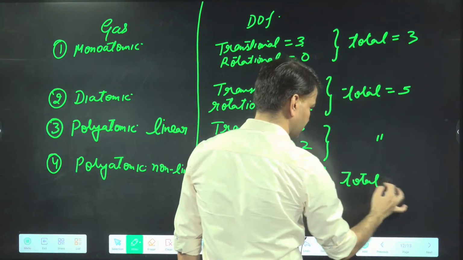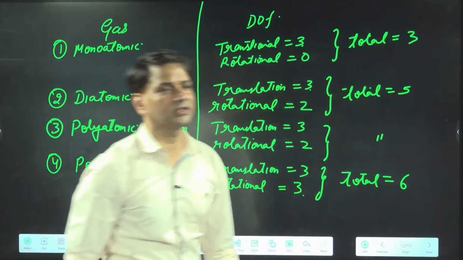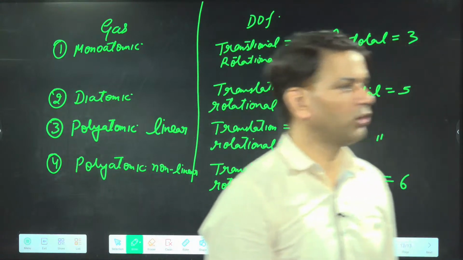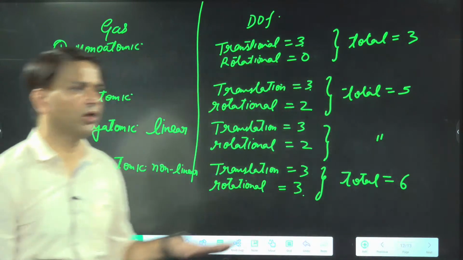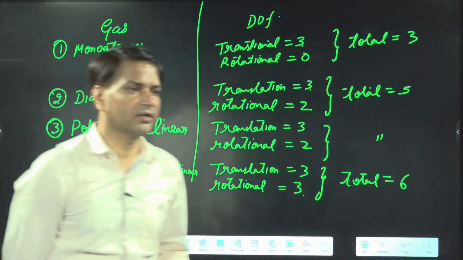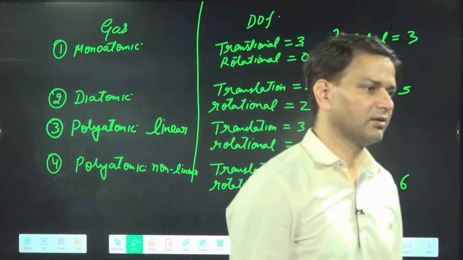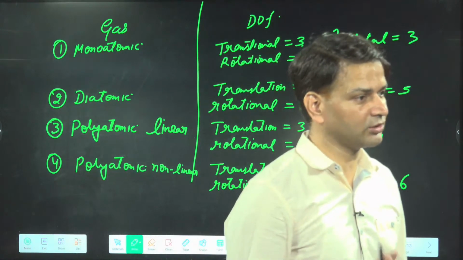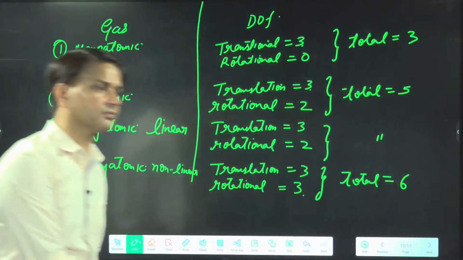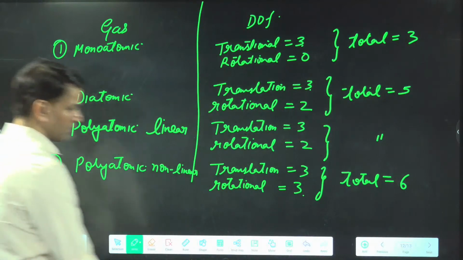So monatomic 3, diatomic 5, and polyatomic non-linear 6, polyatomic linear 5. Directly you have to remember. If they are not mentioning linear or non-linear for polyatomic, then 6. Diatomic 5, monatomic 3. Completed.